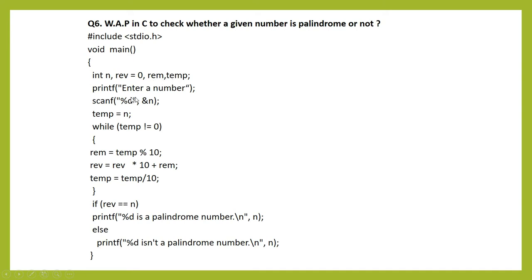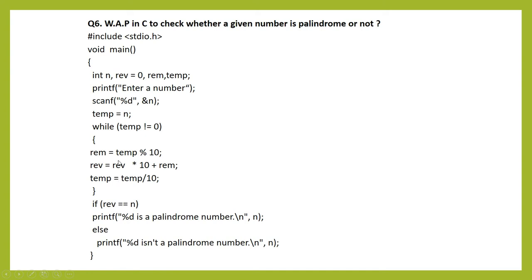Okay. So here you accept the number by scanf. Suppose your n value is 131, that is stored in temp, so temp and n are both the same number. Now in the while loop it should check that unless the temporary variable is equal to 0, you go inside the loop and do the task.